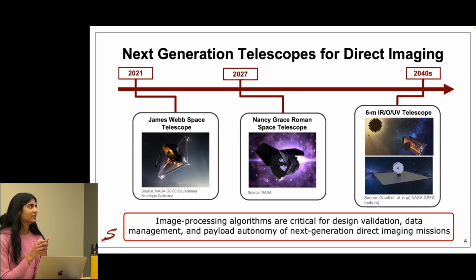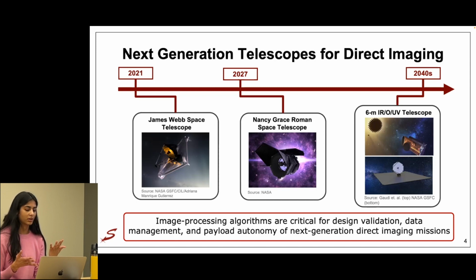Being able to analyze the data is critical both for the development of these missions, in terms of design validation and requirement setting, as well as for the deployment, so in terms of data management and eventually payload autonomy. We'll discuss soon that we don't currently have the infrastructure to meet the demands of these direct imaging missions.